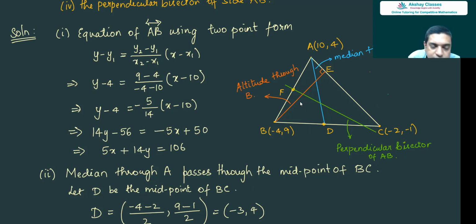Perpendicular bisector of AB. So what do we have to find? Tell me, how will you find this? We need two conditions to find the equation of this perpendicular bisector.